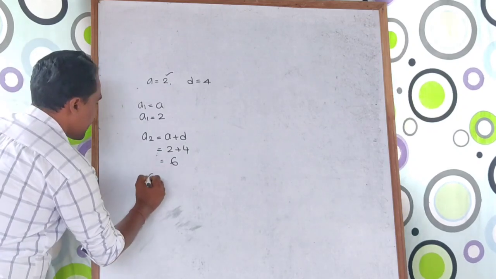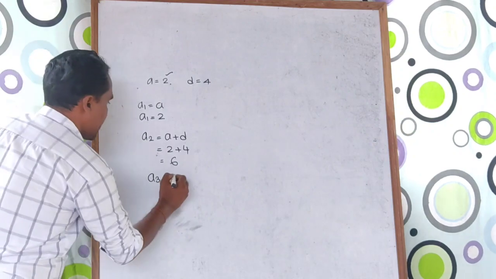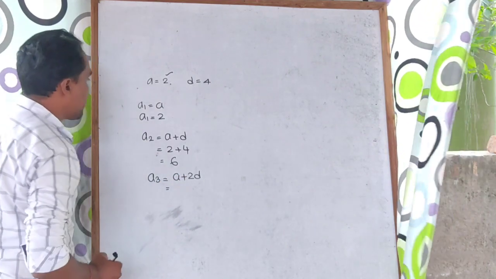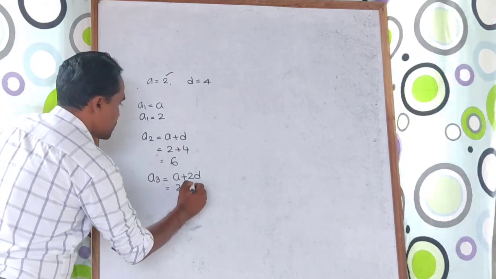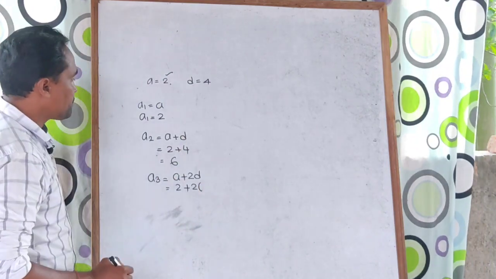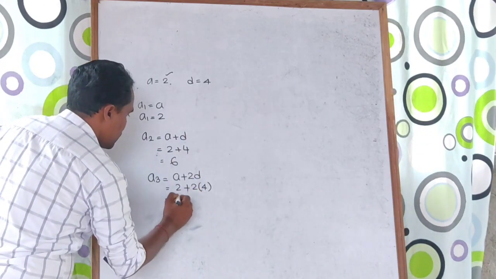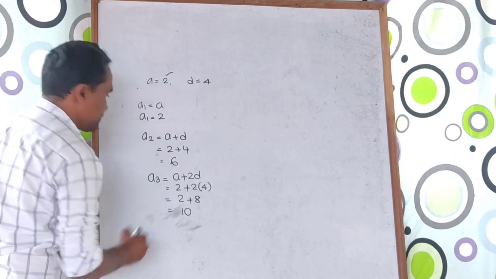If you take A3, the third term of the AP, it is A plus 2D. Substituting A equals 2 and D equals 4, 2 plus 8, it is 10.